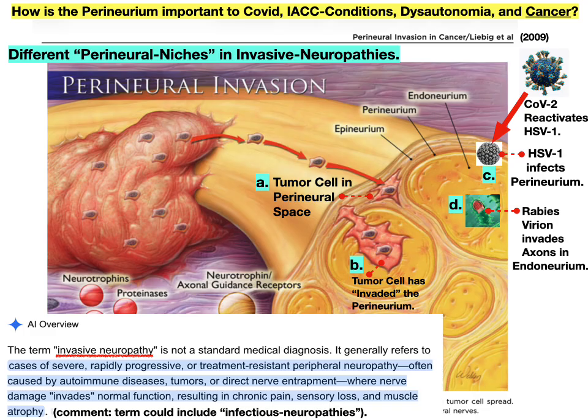All of these symptoms, concepts, are likely to be applied in IAC conditions, including long COVID. So the term invasive neuropathy also has the utility of emphasizing the fact that certain viruses can invade different tissue compartments of nerves. And that's what we're discussing in the context of COVID-2 infections.